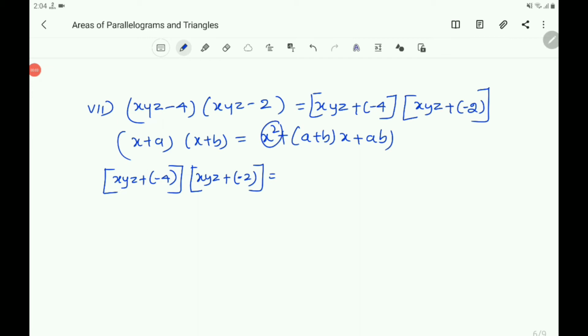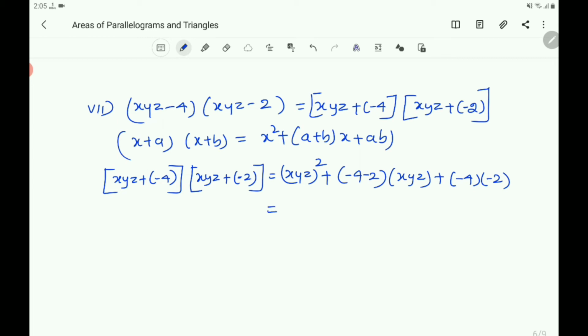equals x square. X square means xyz whole square. In the place of x, xyz is there, plus a plus b is minus 4 minus 2 into x. X is xyz, plus ab is minus 4 into minus 2.